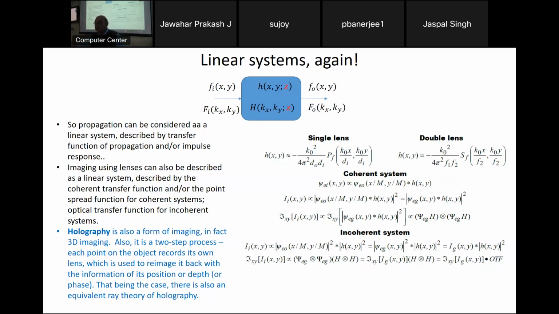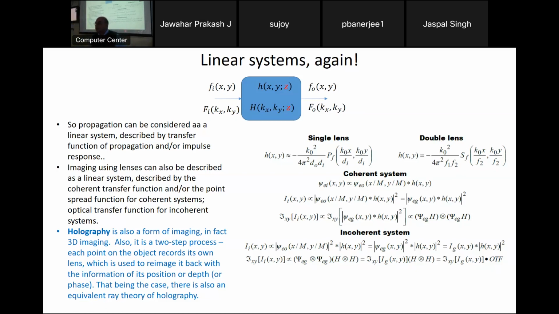But in the two-lens imaging system, you sometimes prefer to put what is called a spatial filter on the common focal plane. Before that, let me point out that when we talk about a double lens system, I'm talking about a confocal double lens system. Confocal means the focal planes of the first lens and the second lens are in the same location.